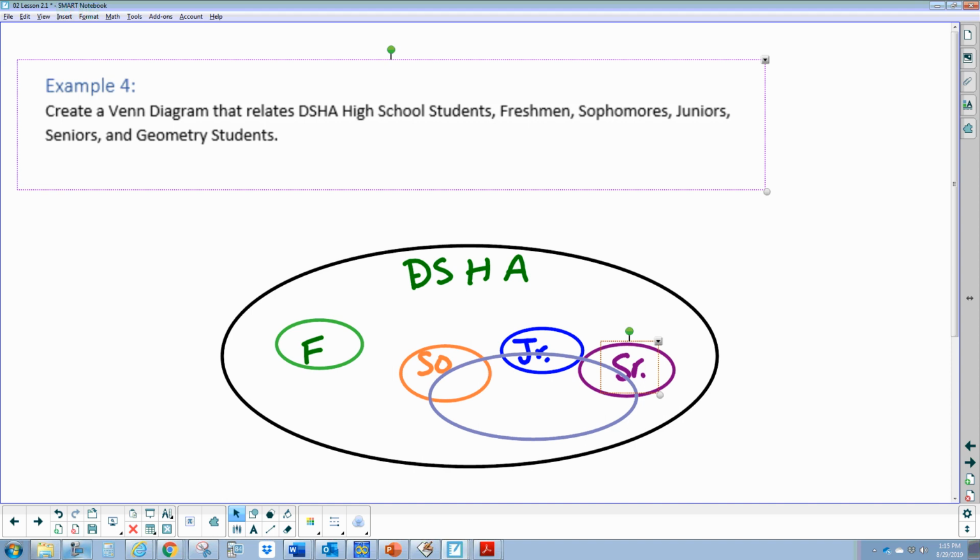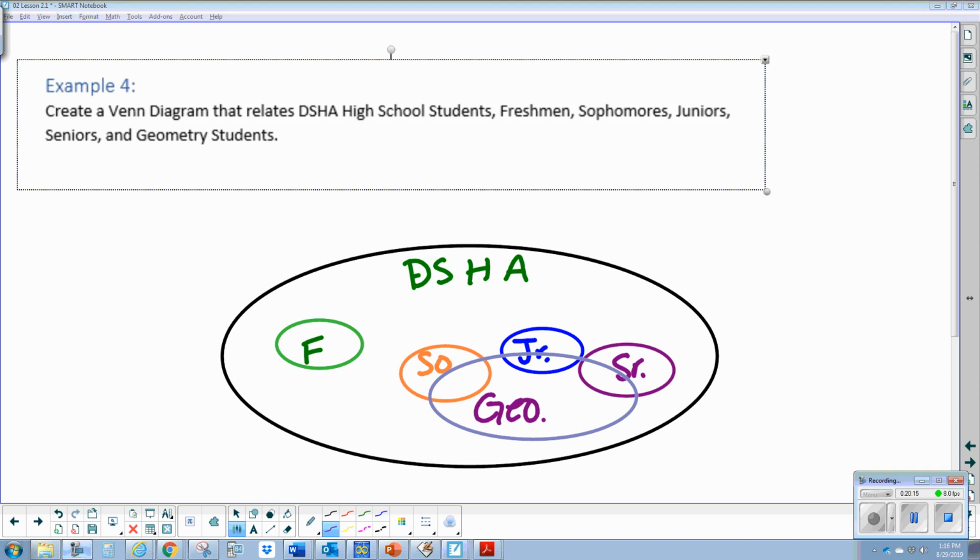So not all sophomores take geometry, but some do. Not all juniors take geometry, but some do, and not all seniors take geometry, but some do. And none of our freshmen are in geometry this year.